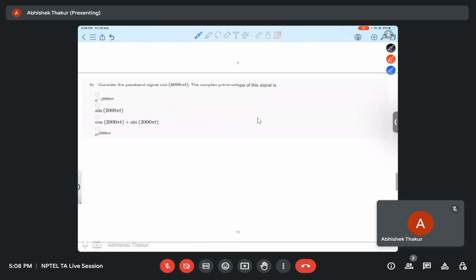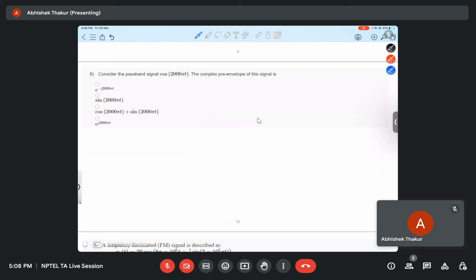Now moving on to the next question: consider the passband signal. Here the passband signal is given as cos of 2000 pi t, and we have to find the complex pre-envelope of this signal. The pre-envelope of the passband signal is given as x(t) plus j times x cap t, where x cap t is the Hilbert transform of this signal. The Hilbert transform of cos 2000 pi t is equal to sine of 2000 pi t.